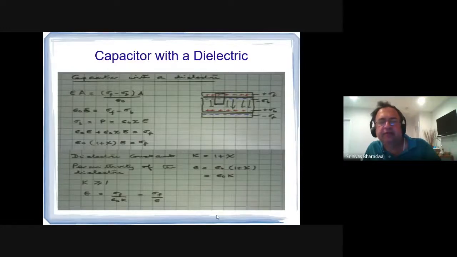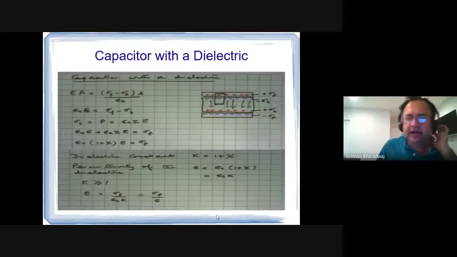P is equal to epsilon naught chi E, and from that you get sigma. And the dielectric constant is 1 plus chi.